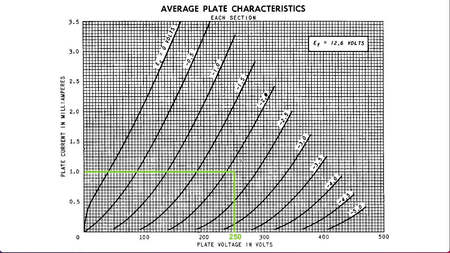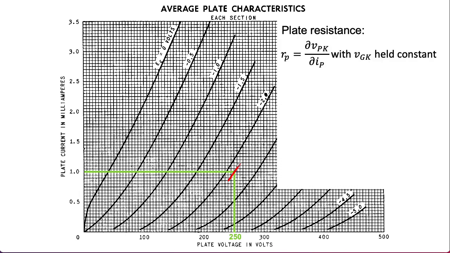It should be at this -2.1 volts, which is what we found was our operating point previously using the transconductance curve. But we don't actually have an explicit curve for that VGK of -2.1, so we have to kind of eyeball it a bit. So we're going to try to draw a little line segment that's sort of running parallel to these curves, and that is kind of in this ballpark.